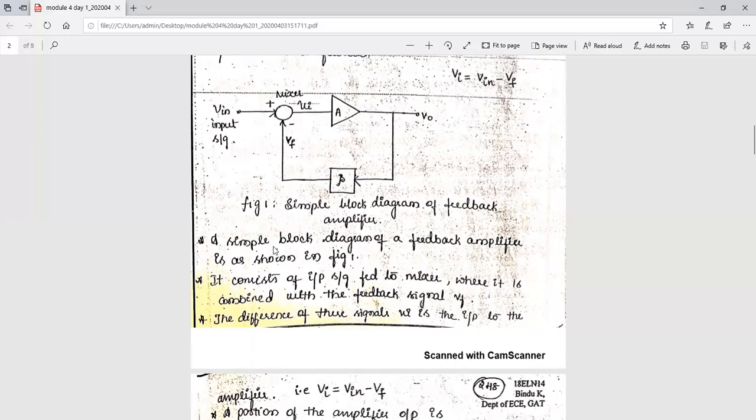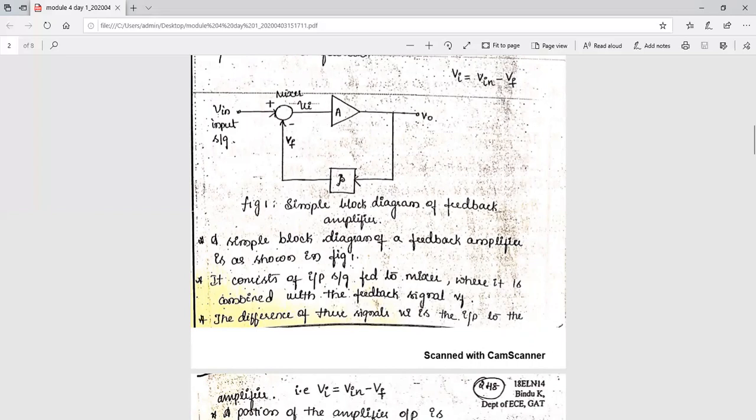Now, in this figure, it consists of an input signal that is fed to the mixer, where it is combined with the feedback signal Vf. The difference of these signals, that is Vi, is the input to the amplifier.